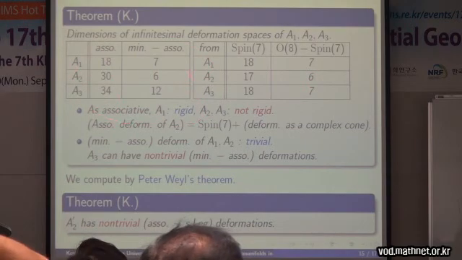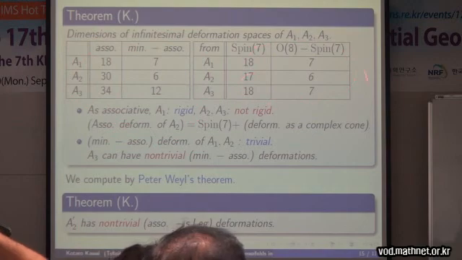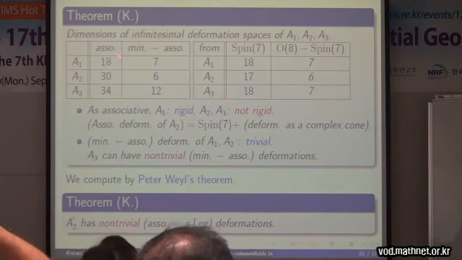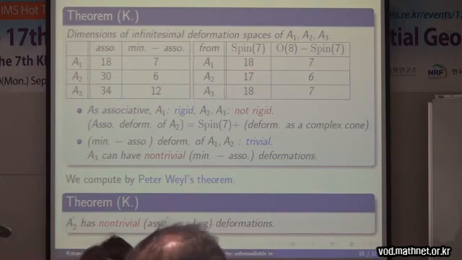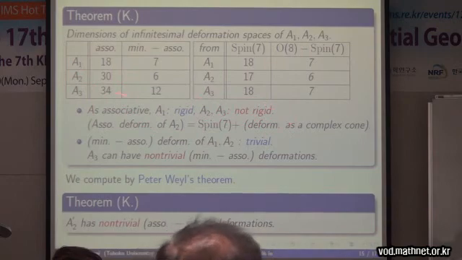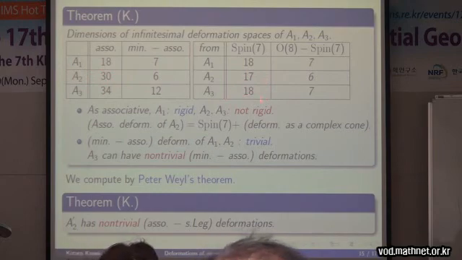So if we compare these two results, then we see that A1 is listed as associative submanifold. This is 8. The deformation space is 18-dimensional, and trivial deformations have 18-dimension. So A1 is listed as associative submanifold, but in the case of A2 and A3, A2 and A3 are not listed. 30 is larger than 17, and 34 is larger than 18.